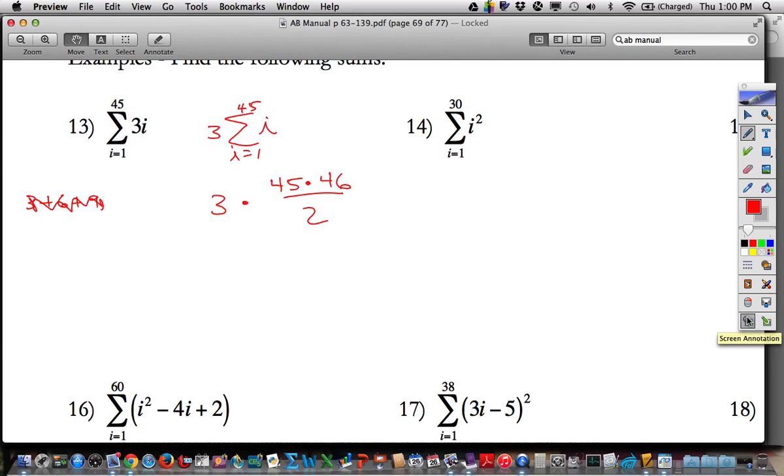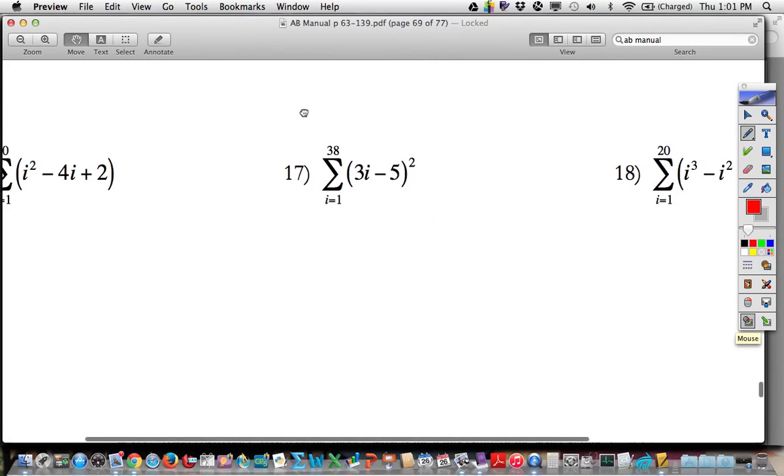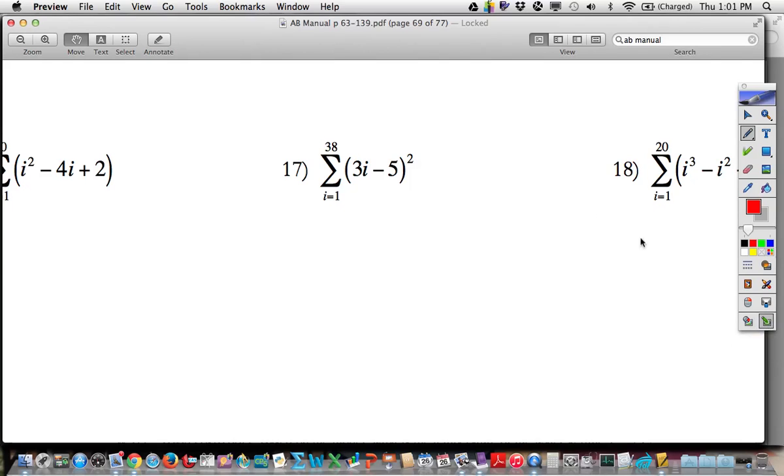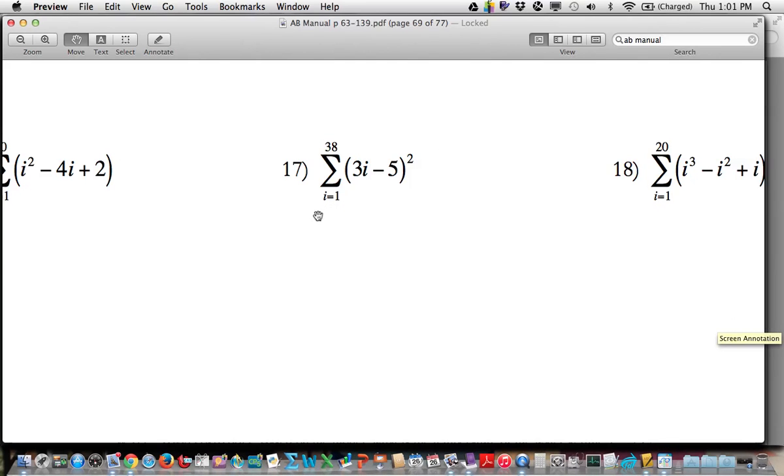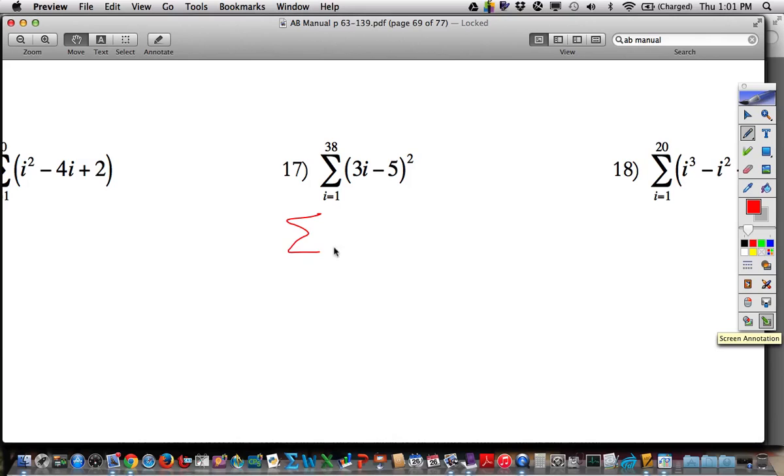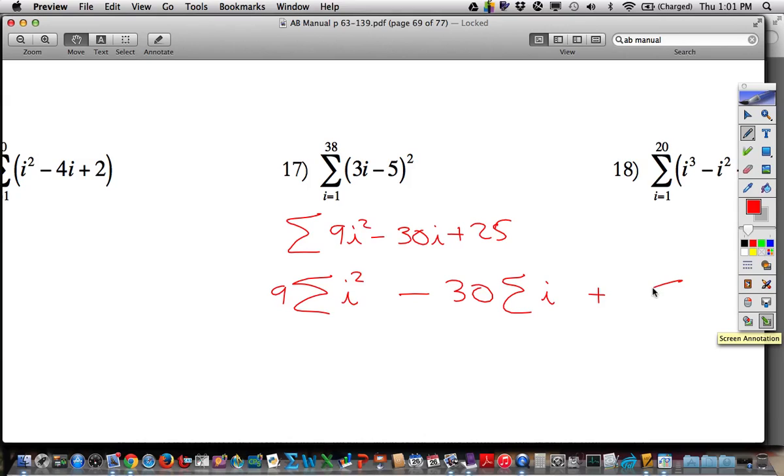And if you had one like, say, this one down here, number 17, we could FOIL this first. We're not going to do this one, but we'd have 9i squared minus 30i plus 25. We could split that into 3 different sigmas and use those formulas, right?